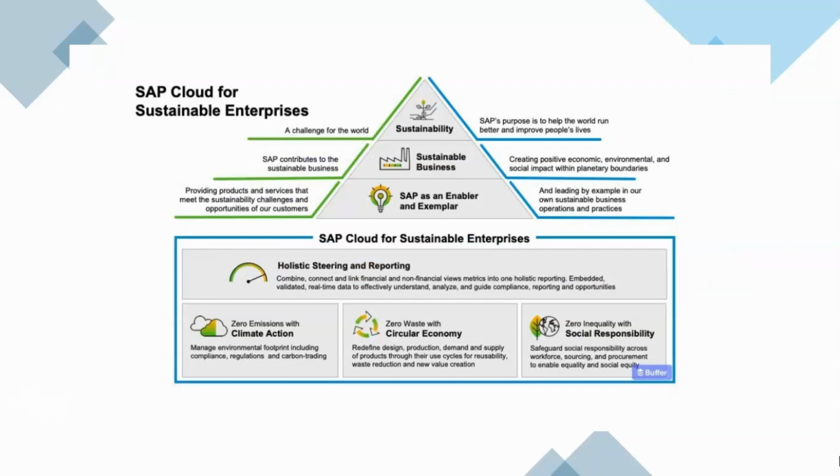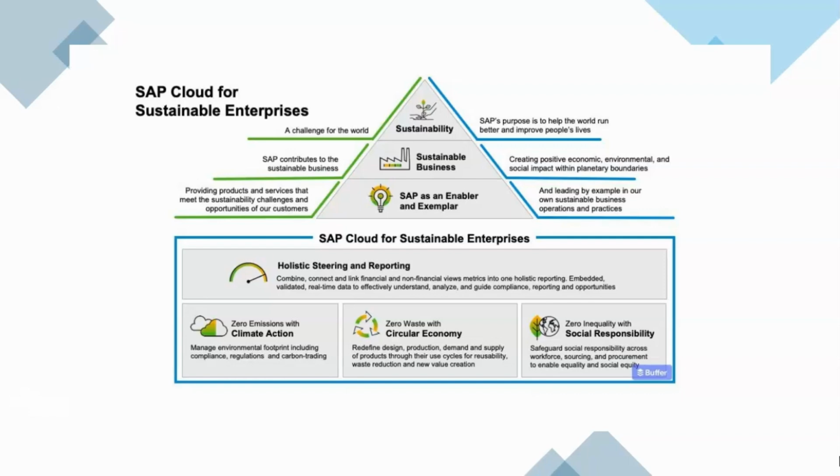Okay, so SAP Cloud for Sustainable Enterprises is what we are focusing on right now. This is the most important implementation project that we are doing, wherein we are very concerned about zero emission with climate action, zero waste with the circular economy, and zero inequality with social responsibility. These are the features that we have for SAP Cloud for Sustainable Enterprises. We have a holistic steering and reporting concept in this, and we focus on real-world challenges.